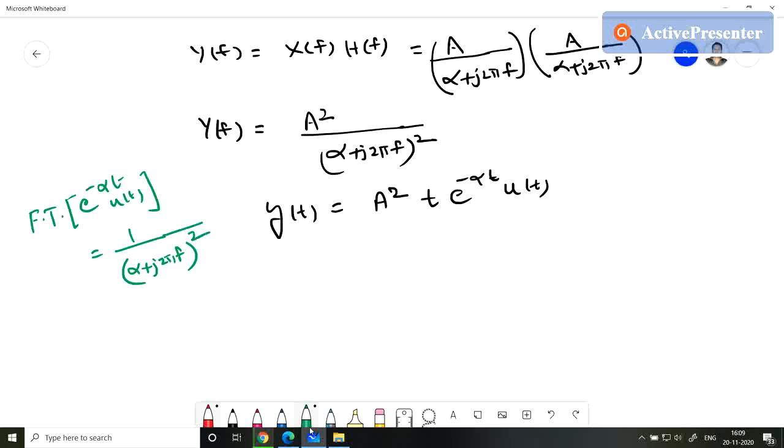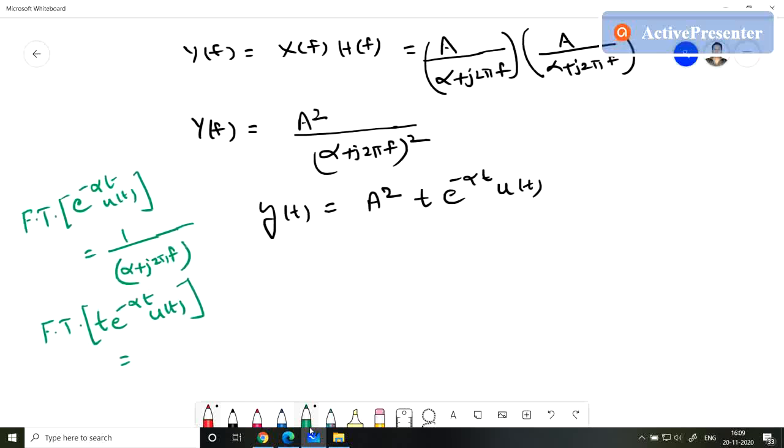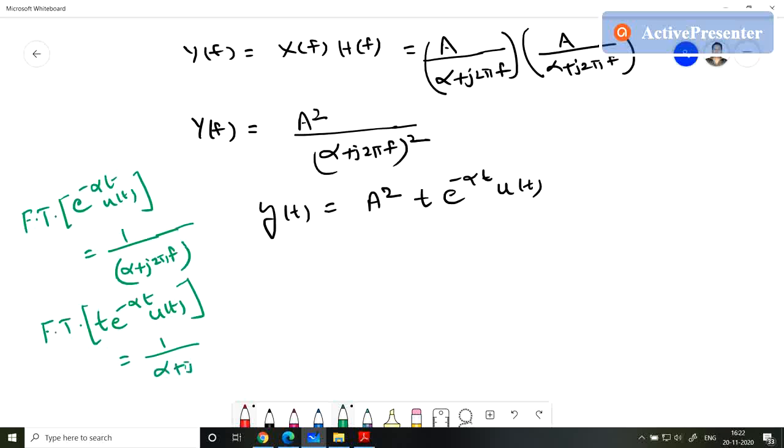Then the Fourier transform of t e^(-alpha t) u(t) is equal to 1 divided by (alpha plus j 2 pi f) whole square.